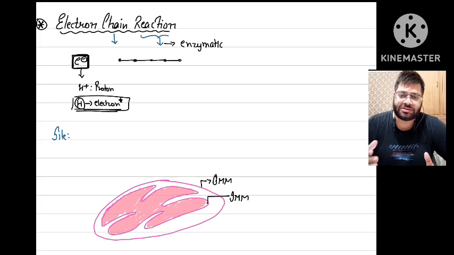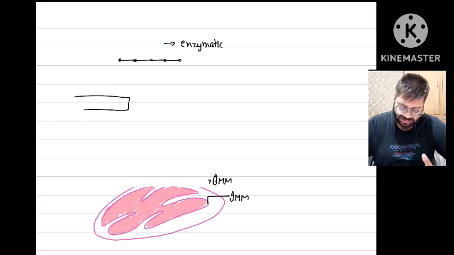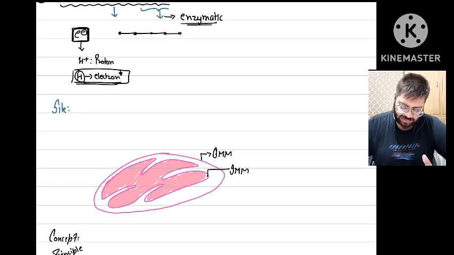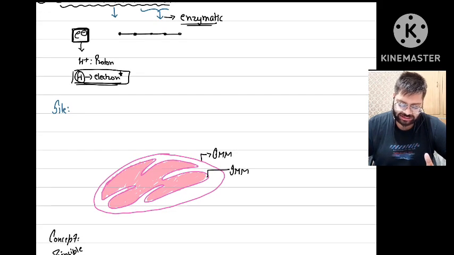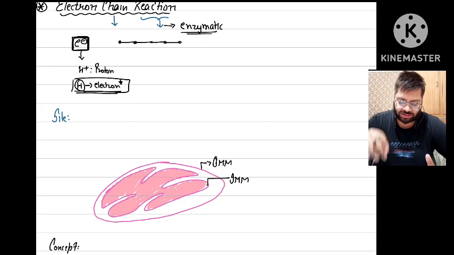These reactions are caused by a group of enzymes located in chains to produce the final product of energy. So electrons are transferred in a chain by enzymatic reactions. It is the electron transport chain.